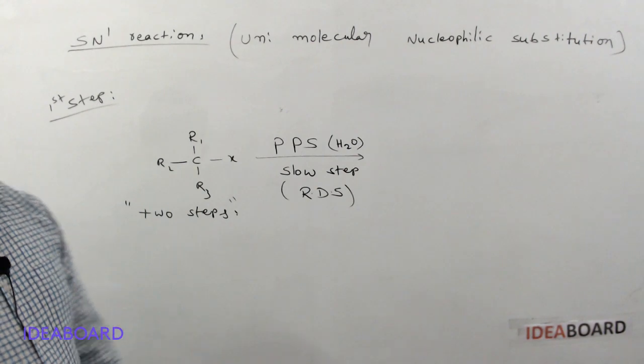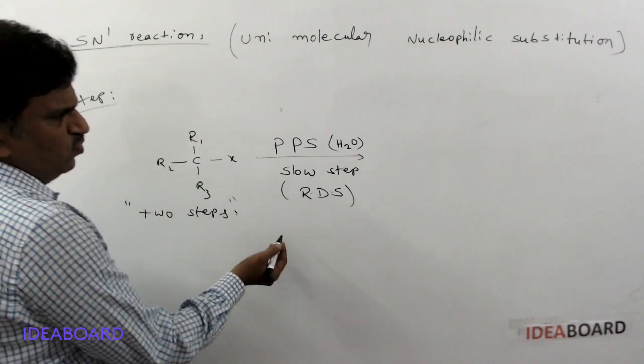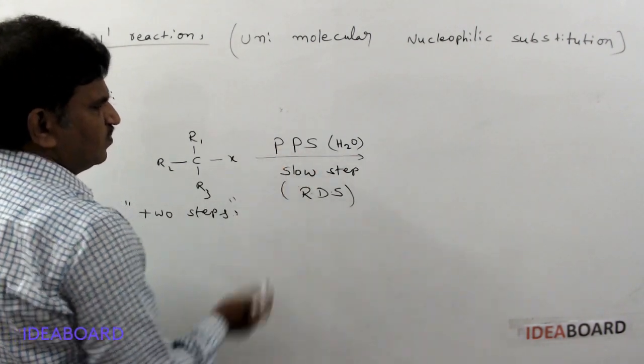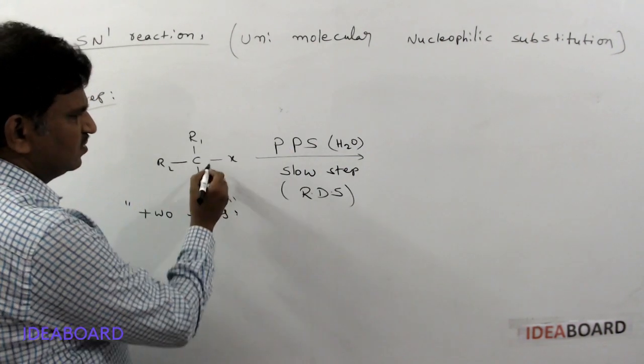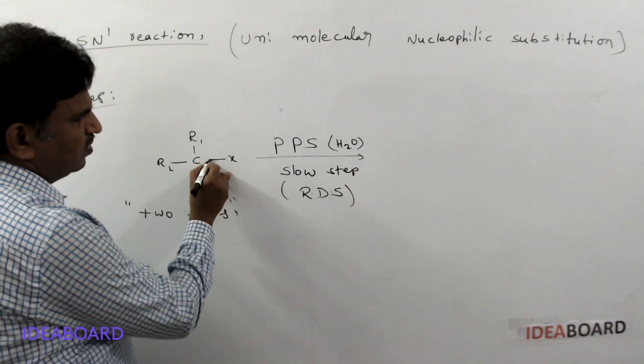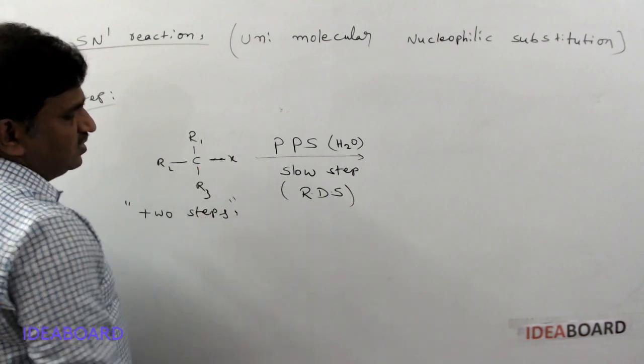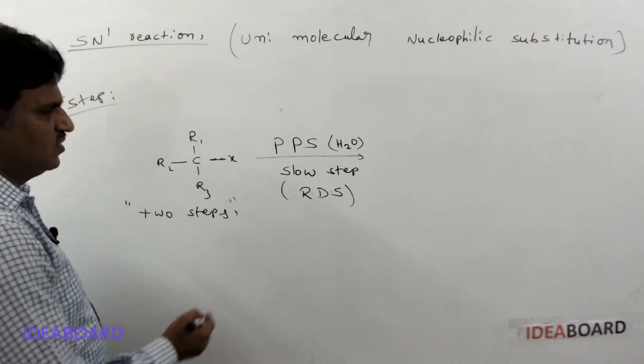The rate determining step. And in this first step, what happens? In the presence of a polar protic solvent, please remember, the carbon halogen bond decomposes very easily or ionizes very easily.